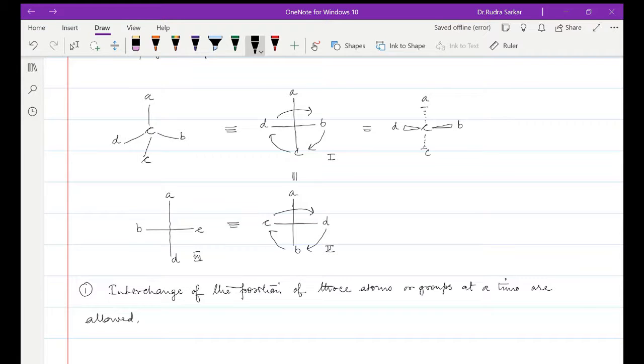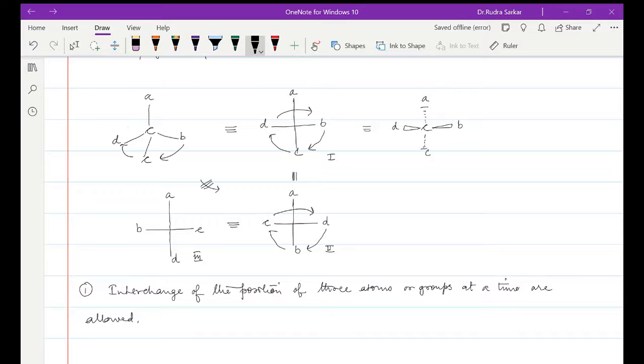As you can see, if I repeat the operation again, that is the rotation of the groups, I will be converting 3 to 1. And in none of the cases have I broken any bond. I've just rotated these groups.